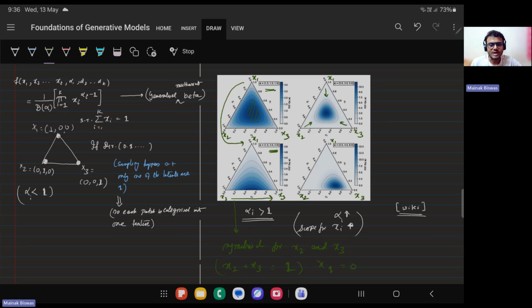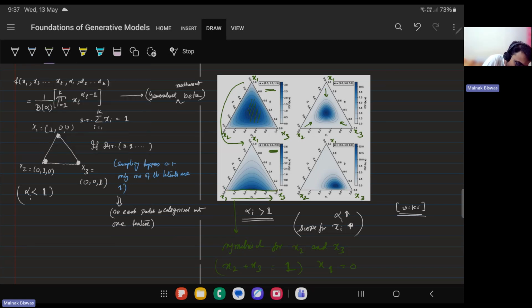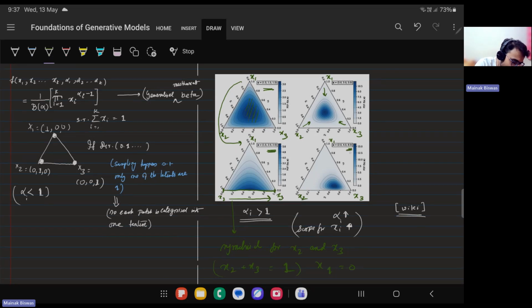So along this edge that I have on the ground here, we only vary x2 and x3, and you're seeing that most of the density lies at 0.5, which means that x2 and x3 will have more sampling. Similarly, here you have a higher alpha, and you would see that it is all going towards x3 and farther away from x1, because that is the lowest.